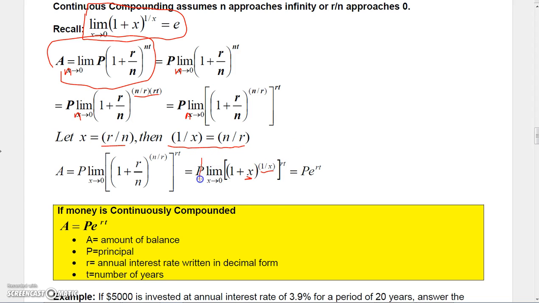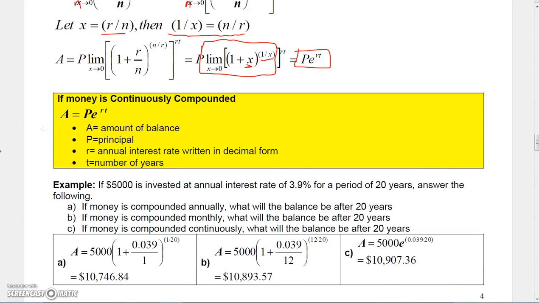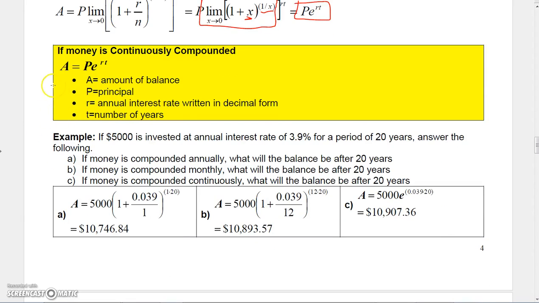Now I get the limit as x approaches 0 of (1 plus x) to the 1 over x, and that limit is actually e, so I'm going to have e to the rt power, with a factor of P, and that gives me the continuous compounding formula for when the number of compounding periods goes to infinity. So there's the formula.